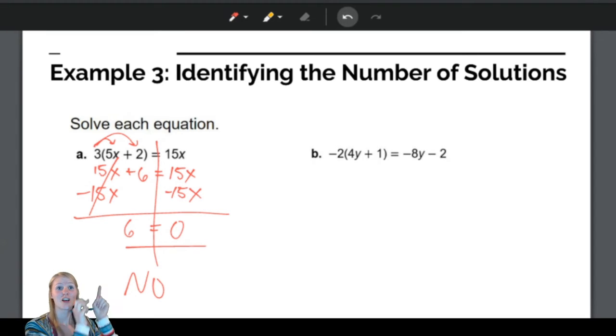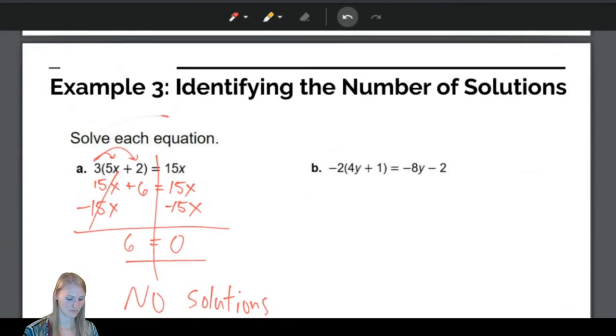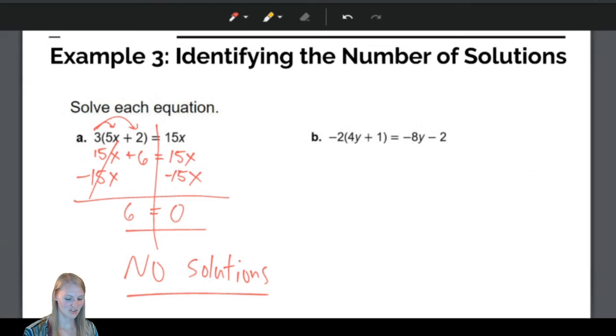So this right here, this is where you have no solutions. Remember, we just said that an equation that is not true for any value has no solution. This is one of those equations. It has no solutions. And the way we know that is 6 does not equal 0. This makes no sense. So there can be no solutions.